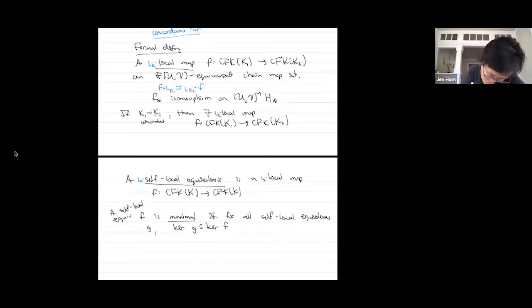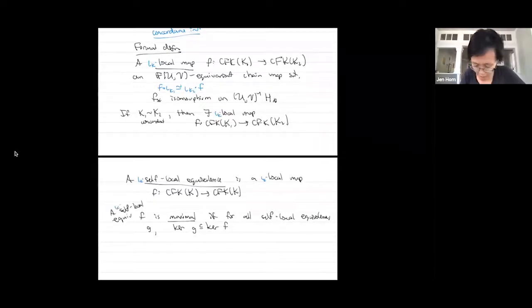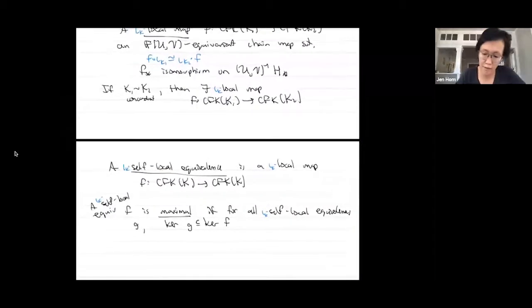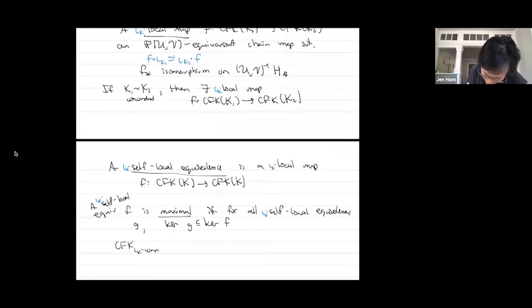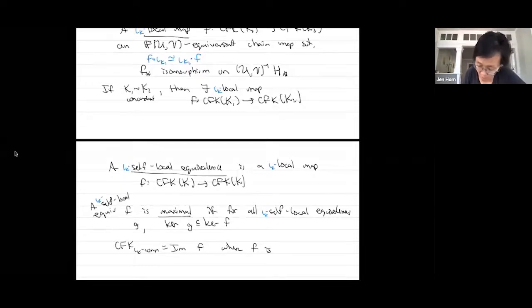An iota K self-local equivalence is maximal if for all iota K self-local equivalences, the kernel is contained in the kernel of F. And then the iota K connected complex is just the image of F, where F is any maximal iota K self-local equivalence.